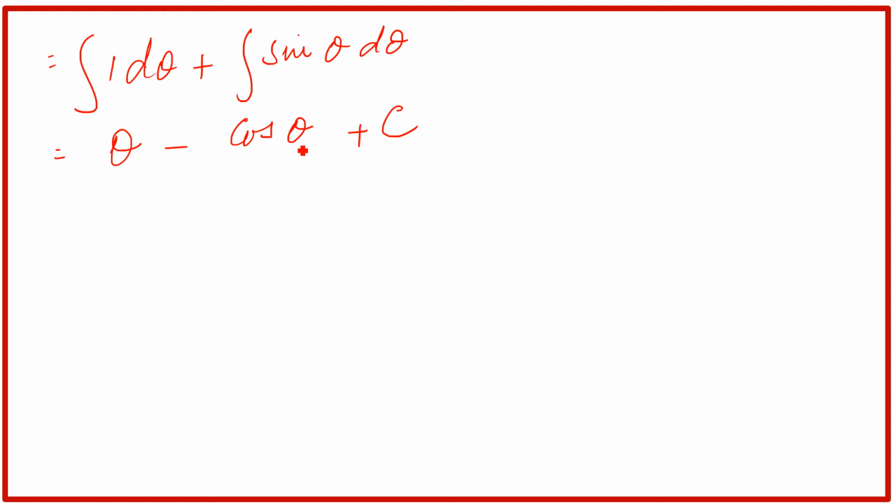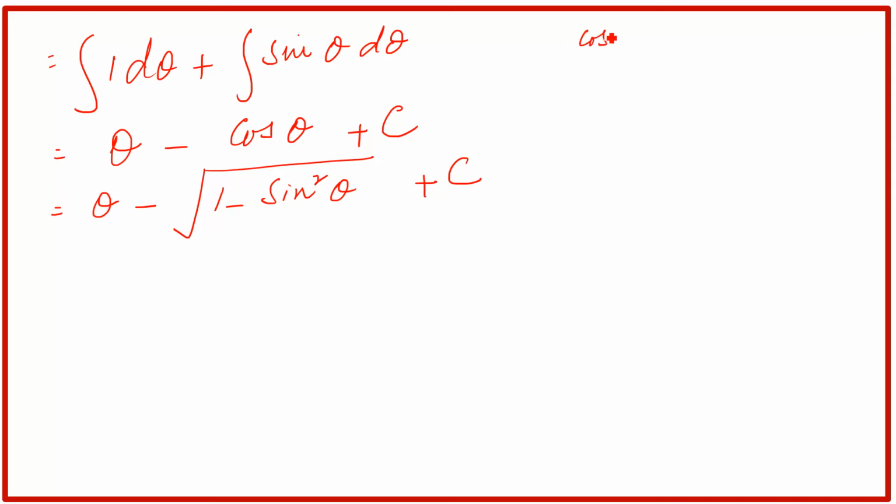And here is cos theta, so we have to convert this cos theta into sine theta. How? I will show you here. It is again very easy. So it is theta minus, instead of this cos theta, I can write the square root of 1 minus sine square theta, right?